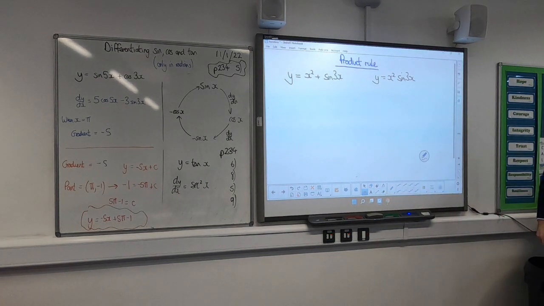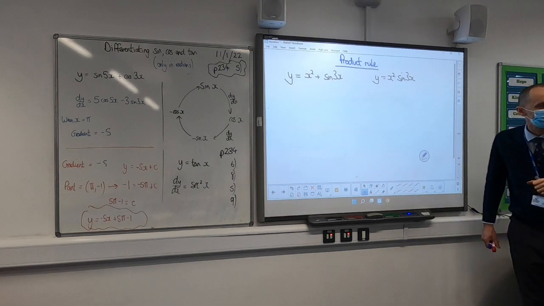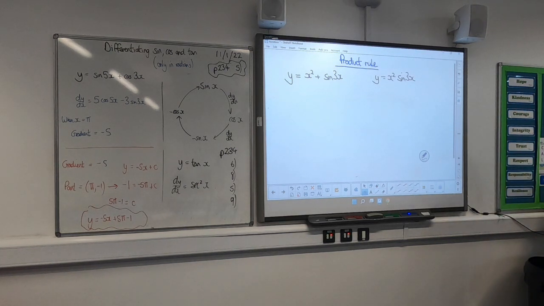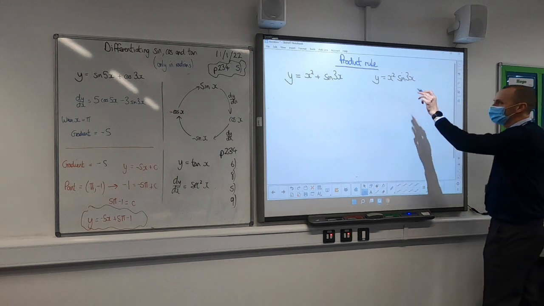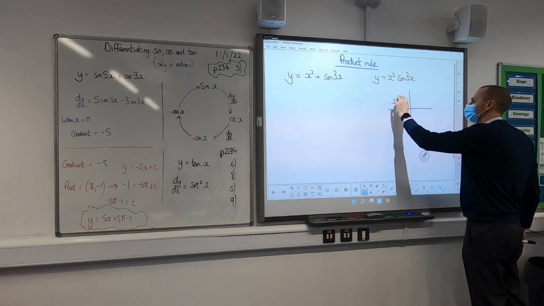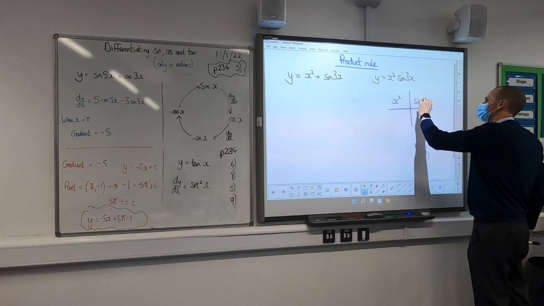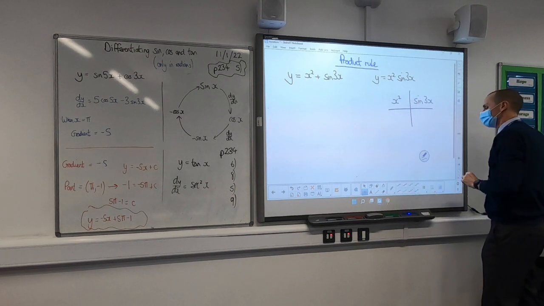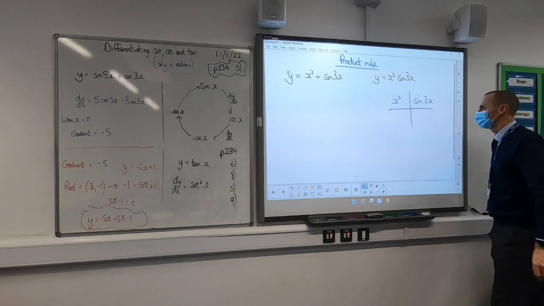The product rule allows you to differentiate 2 things multiplied together, as long as you know how to differentiate the 2 things on their own. And it starts by saying, okay, what are the 2 separate things? Well, in this case, it's x squared and sine of 3x.